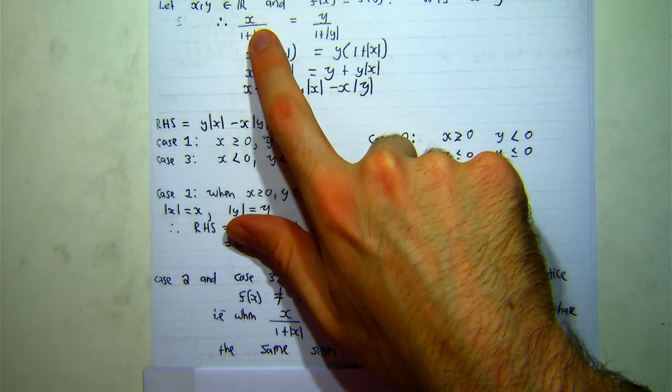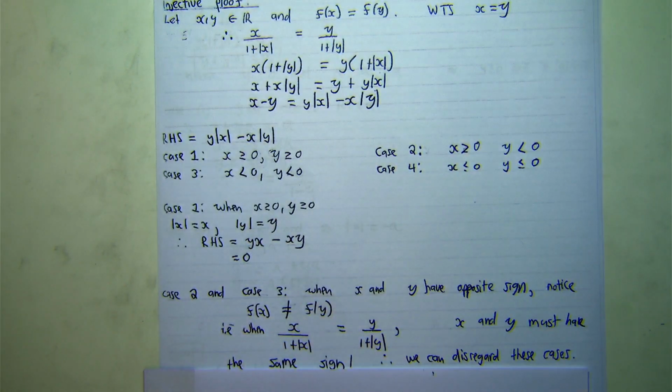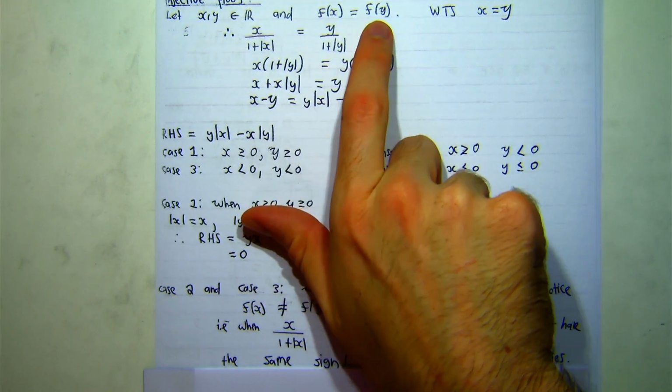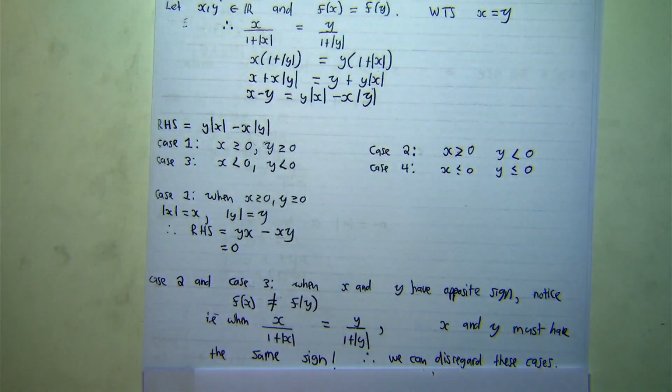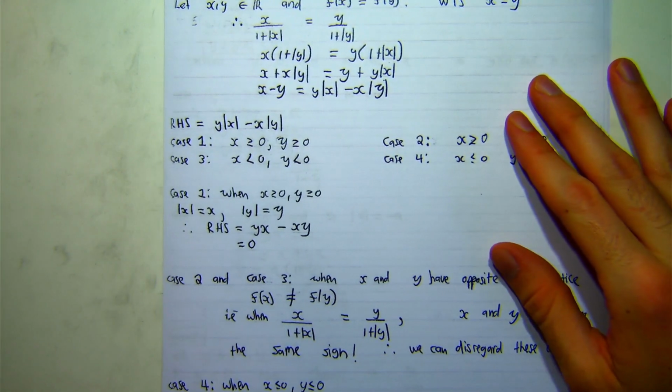And if x is positive and y is negative, then these cannot be equal to each other, which means that it's impossible for f of x to equal f of y and their signs to be different. So those 2 middle cases where you have one positive and one negative x and y value are impossible, and we can disregard those cases.